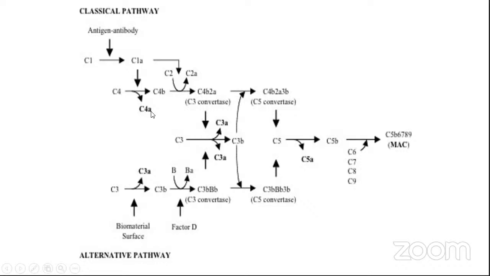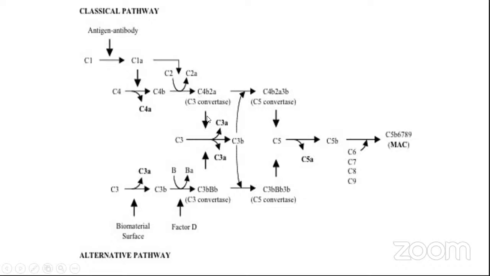This C4A has anaphylactic activity whereas C4B will join the cascade. This C4B will now act upon C2 and release C2A and C2B. So this combination of C4B and C2A together is called the C3 convertase, because it will act upon C3 to cleave C3 into C3A and C3B. So this is called the C3 convertase.